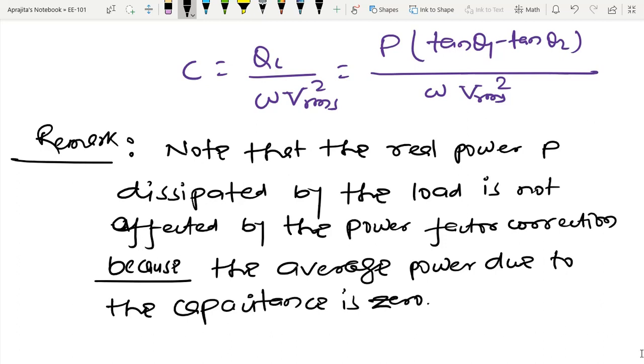And another important device is called a varmeter, which reads the average reactive power Q drawn by the load.